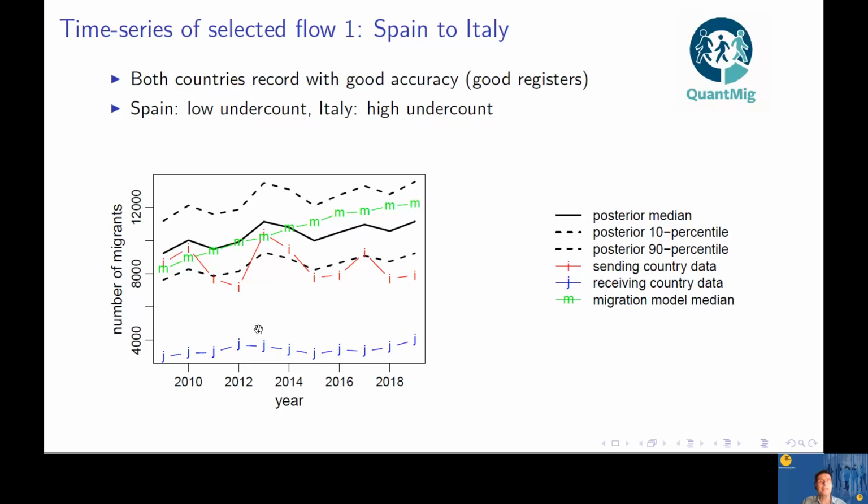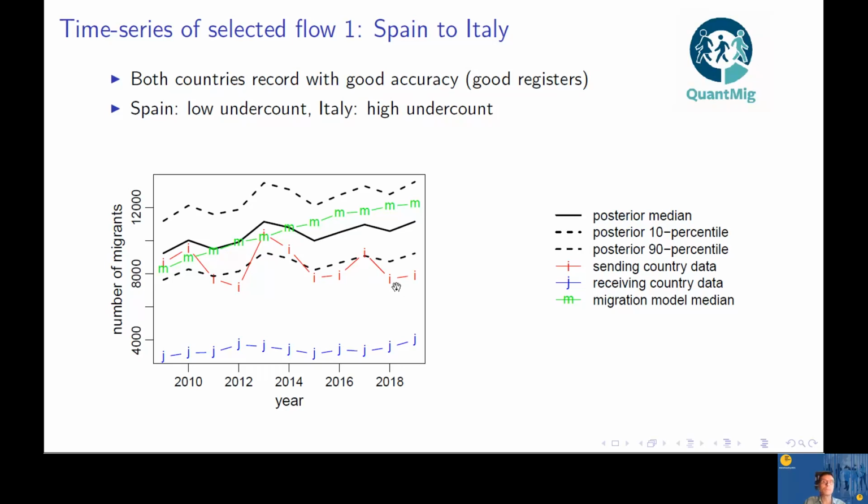So what do we see here? Well, Italy is a high undercount country, so we are seeing a correction. The figures are being corrected upwards by the model to come up with the posterior median of the flows.